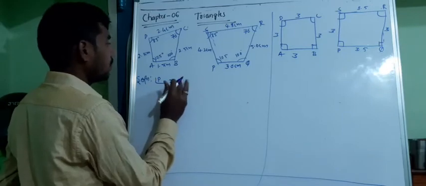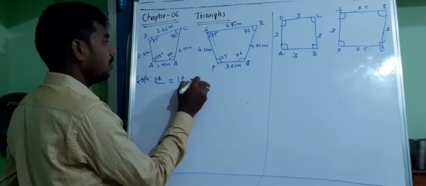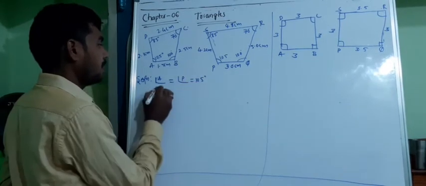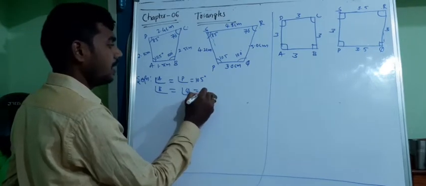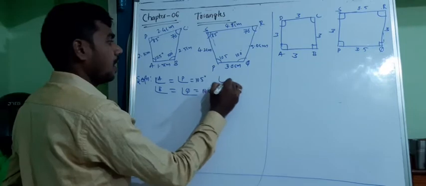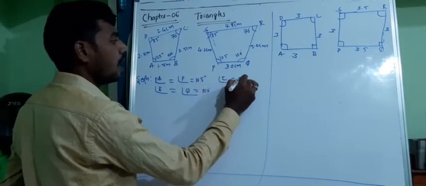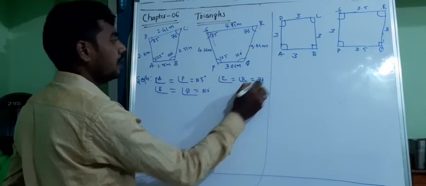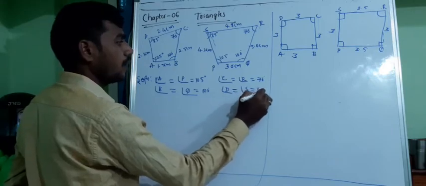Check the corresponding angles P, Q, R, S. Angle A is equal to angle P, which is equal to 105 degrees. Next, angle B is equal to angle Q, which is equal to 100 degrees. Next, angle C is equal to angle R, which is equal to 70 degrees. Next, angle D is equal to angle S, which is equal to 85 degrees.